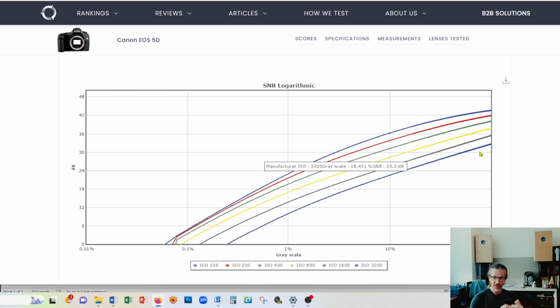And that's why in the 5D Classic, when you set the ISO, the highest ISO is 1600, and then the 3200 is called the letter H, like high ISO extension, because there's no film equivalent to that.